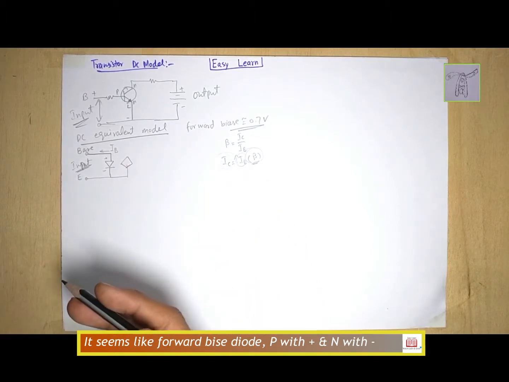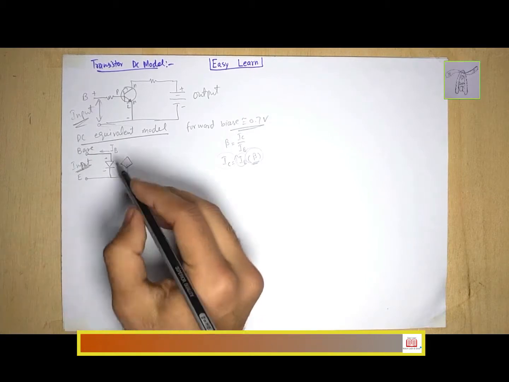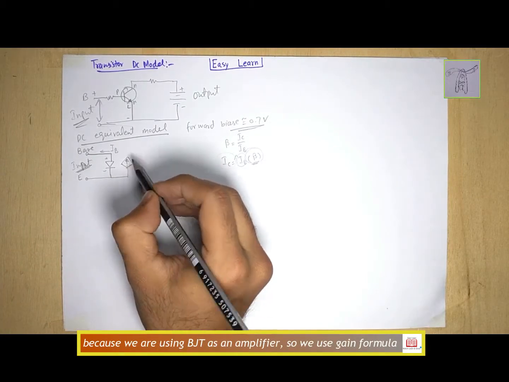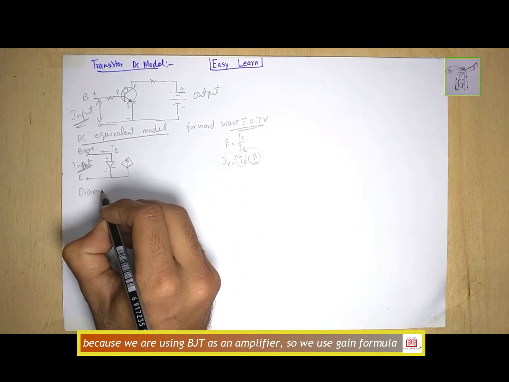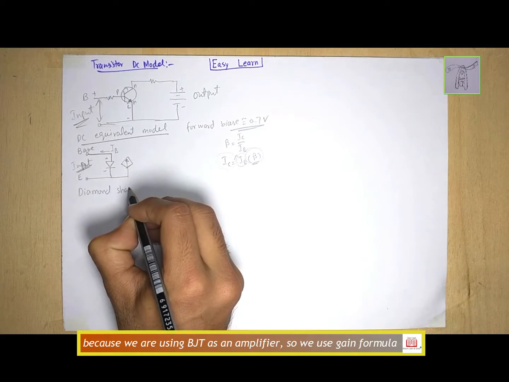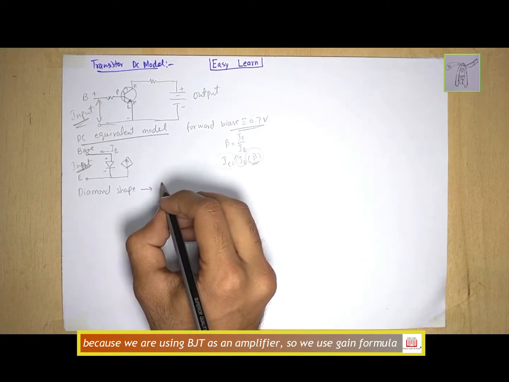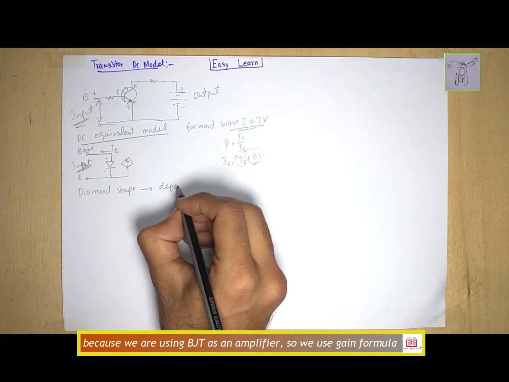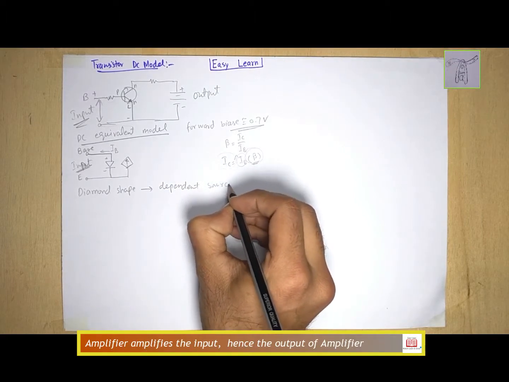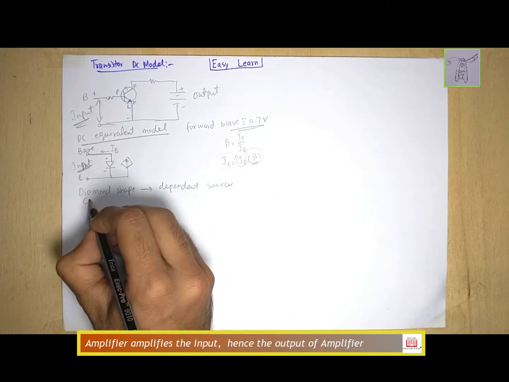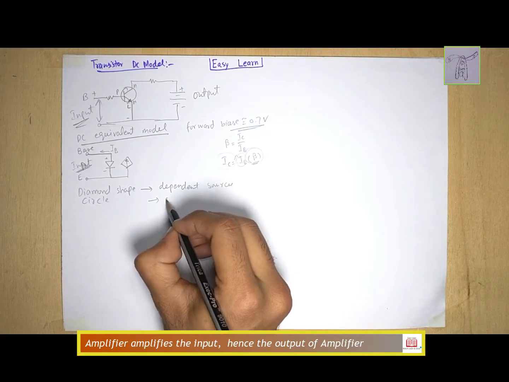When we have a dependent source, we use a square, or you can say a diamond shape. The diamond shape is used to show dependent sources, and the circle symbol is used to show independent ones.